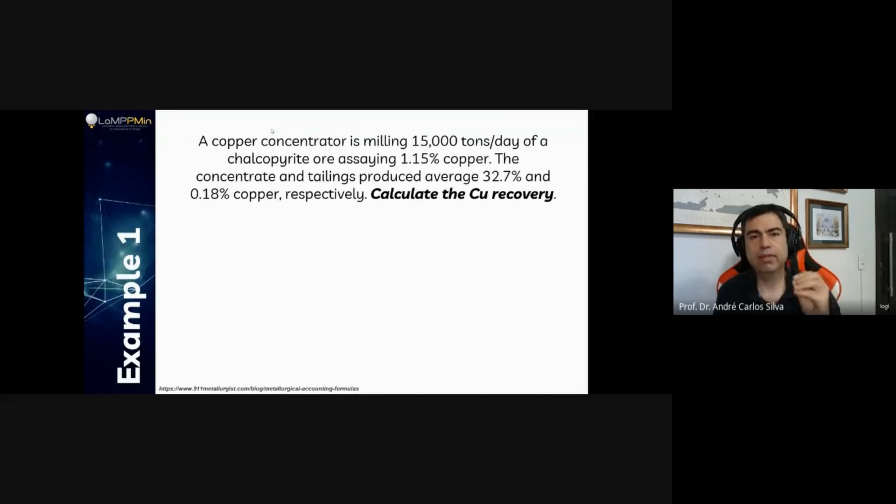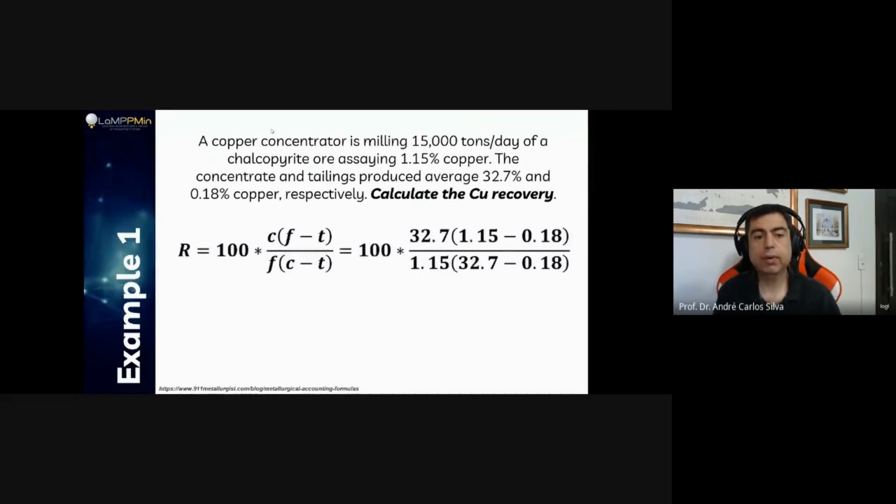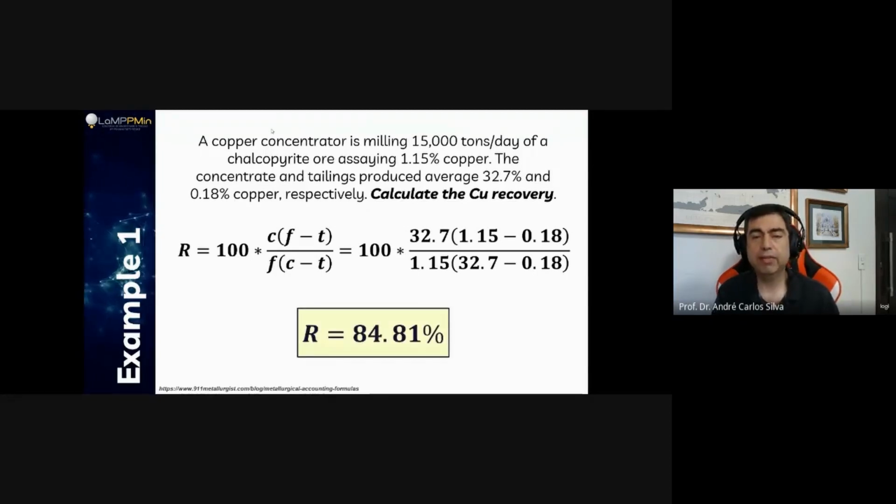We only have the feed, but nevertheless, it's possible to calculate the recovery, and that's why in this first example I just want to know the recovery of copper. I'm going to go straight to the grades. It's just a case of replacing the numbers in our equation and doing the math, and it's easy to do. In the end, we're going to have a recovery of around 85%.